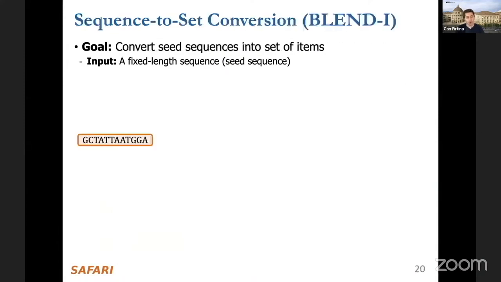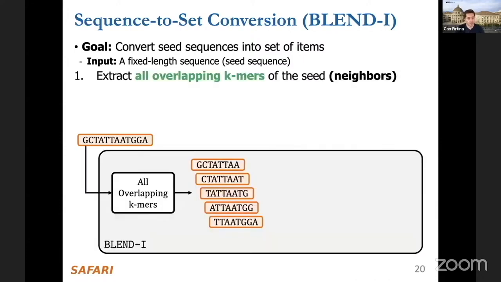So I'll now go over the Blend I technique, one of the techniques that we use to identify the set items from seeds. The goal is to convert seed sequences into a set of items. Here, the input is a fixed length sequence, for example, a seed sequence. What we do in Blend I is extract all overlapping k-mers of the seed, which we call neighbors. So here, this could be one minimizer k-mer that we would have picked.